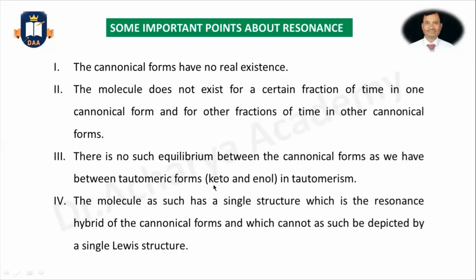Tautomeric forms means keto and enol; we'll discuss this in the organic class, which is called tautomerism. 4th point, the molecule as such has a single structure, which is the resonance hybrid of the canonical forms and which cannot be explained by a single Lewis structure. So these 4 points we have to remember.